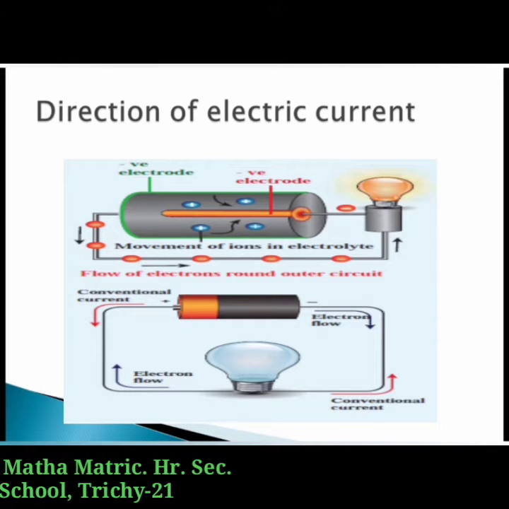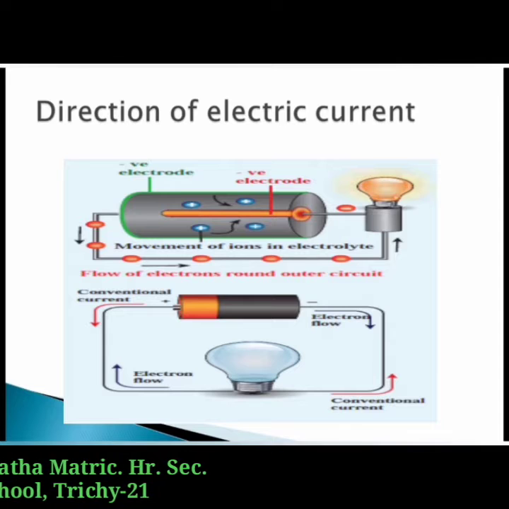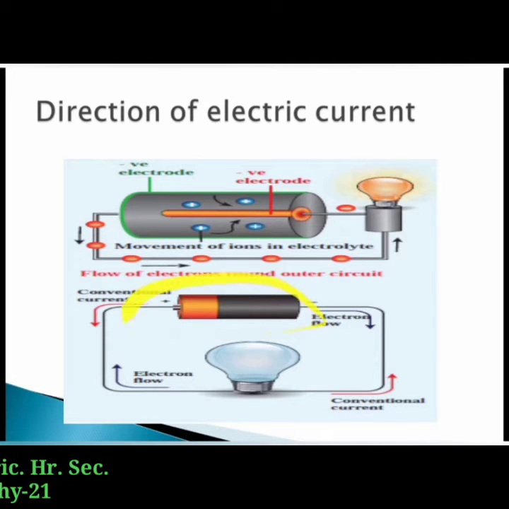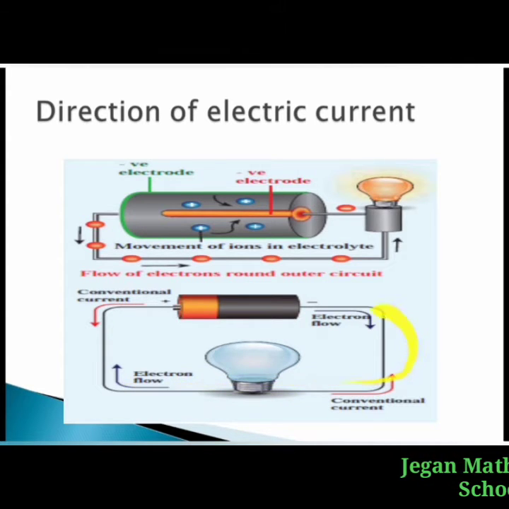In a battery, the potential of the positive terminal is maintained positive and the negative terminal is negative. See, the battery has two terminals, one positive and another negative. Electrons are removed from the positive terminal and enriched at the negative terminal internally by means of chemical reaction or other processes.